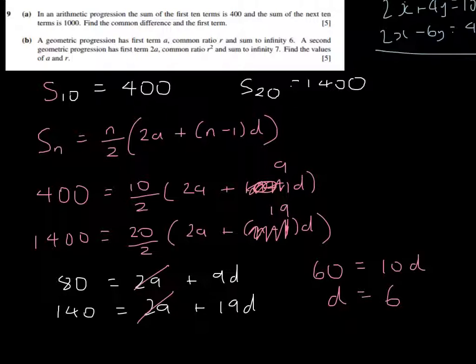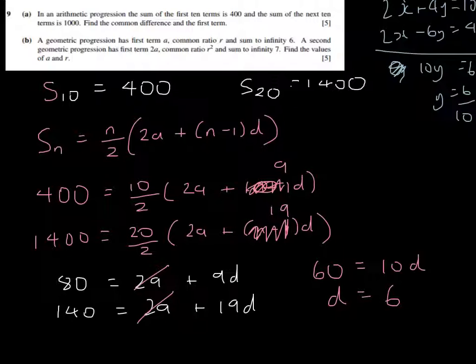So 2x minus 2x is 0, 4y minus minus 6y is 10y, and 10 minus 4 is 6. So you can solve it that way. That's the other way that you can solve simultaneous equations. So I've just used that method here to quickly find out what d was. If you wanted to, you could also rearrange both of these equations, make 2a the subject, then equate them and rearrange. You'll get the same answer.